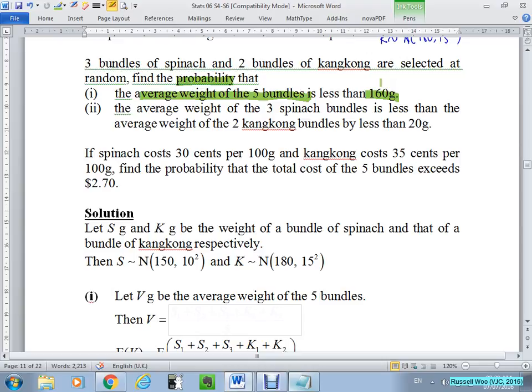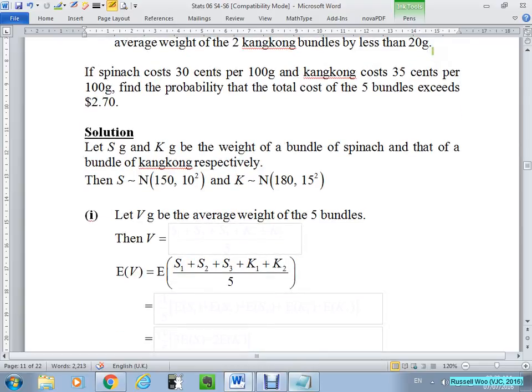Anyway, the answer is in the next line. V is the average weight of 5, which means you have S1 plus S2 plus S3, because you actually pick 3 bundles of spinach, not 3S, but S1 plus S2 plus S3, plus K1 plus K2, divide by 5.